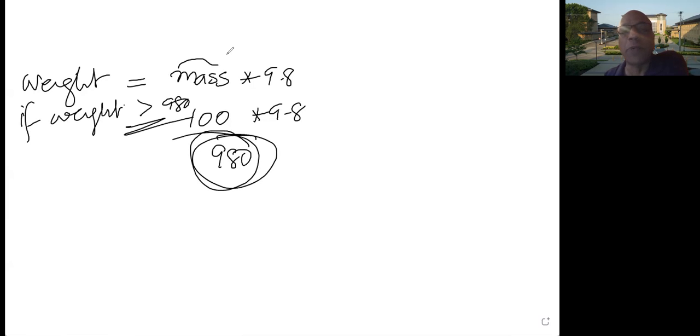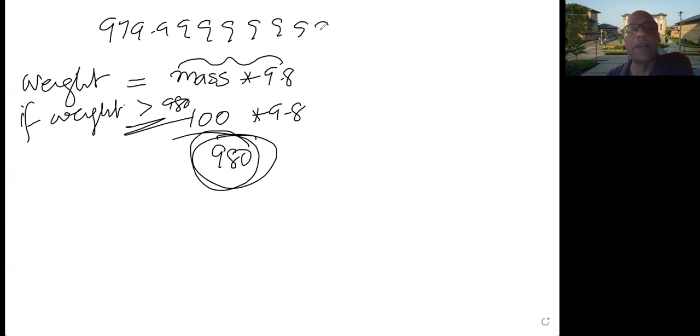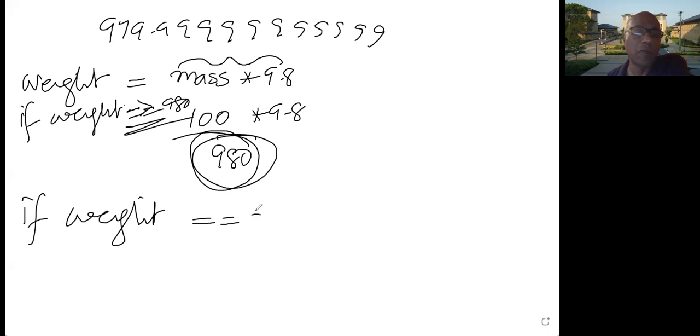When you do the multiplication, sometimes Python would be getting things like 979.9999999, this kind of stuff. So if you compare this against 980, if weight is equal to 980, for example, Python would have computed 979.9999999, and then it will not be equal to 980.